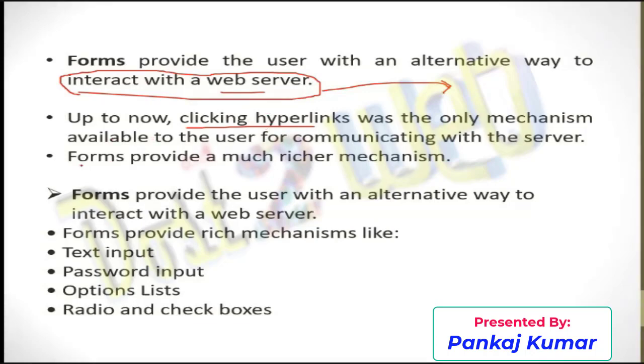But what happens when you use forms? Forms provide a much richer mechanism. Why? Because you are going to interact with the web server. Your data is going to be submitted and it will be safe on the server side. Whenever you ask for any data, whatever you have filled, you will be able to see that.